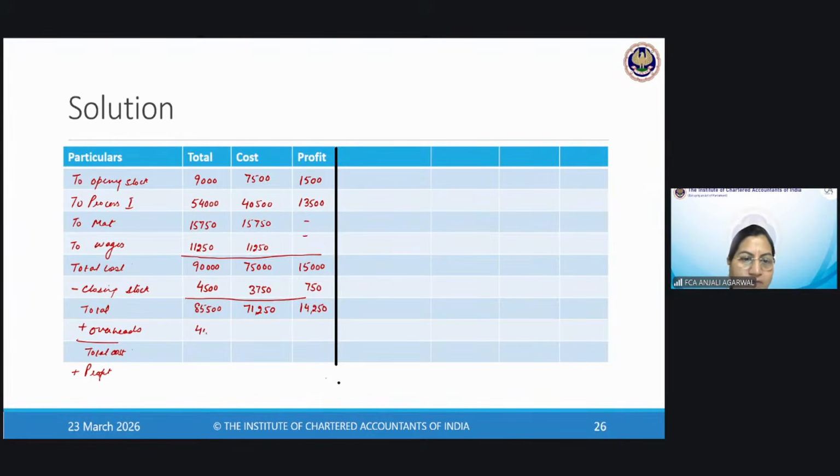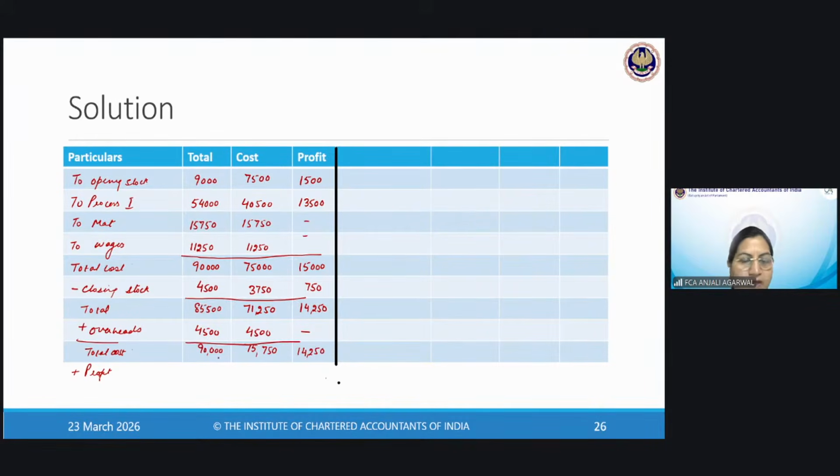You add overheads 4,500 to this, which is pure cost, no profit in this, and 90,000 worth of goods, which has a cost of 75,750, which has an inter-process profit of 14,250.